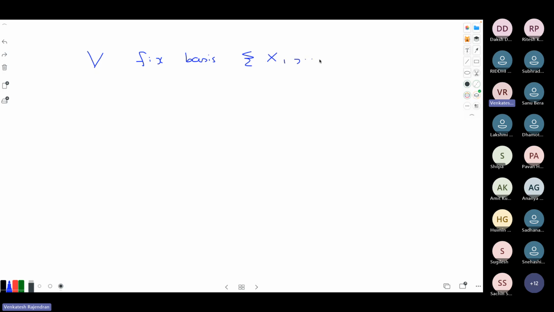So capital X1, etc., Xn is the basis of, let's say, V.